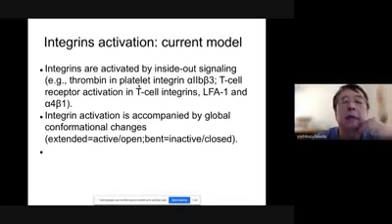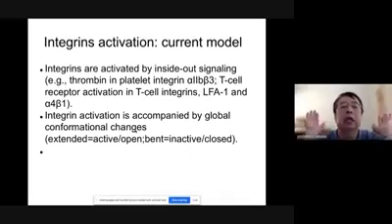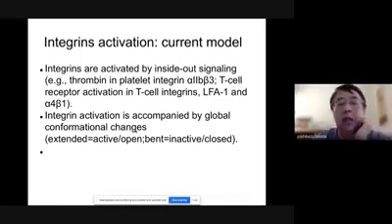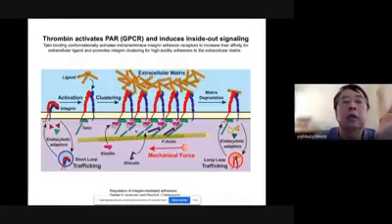The second concept is that integrin activation is accompanied by global conformational change. As I mentioned, integrins are supposed to be bent when they are inactive, and extended when integrins are activated. That is the current concept.